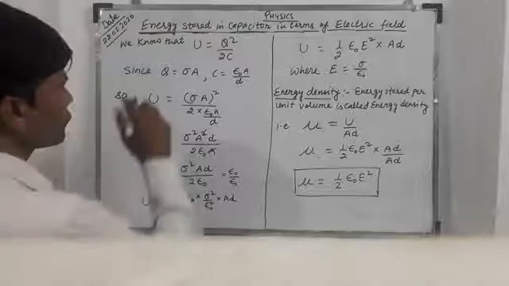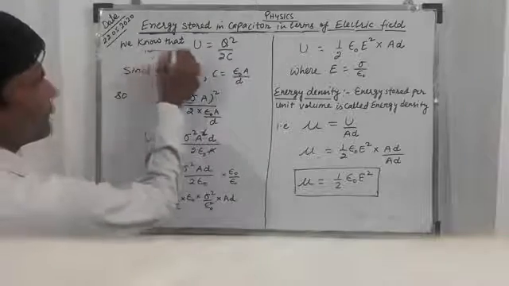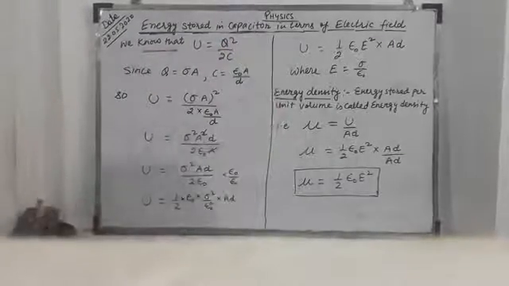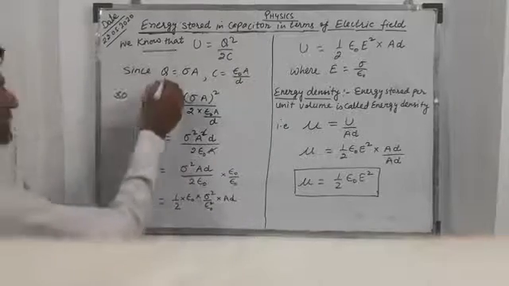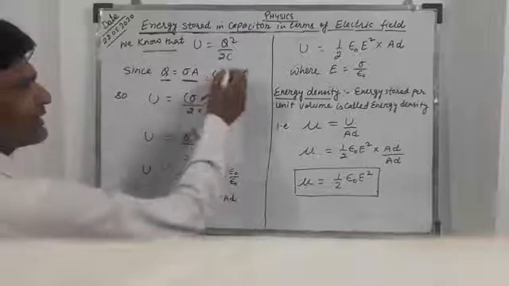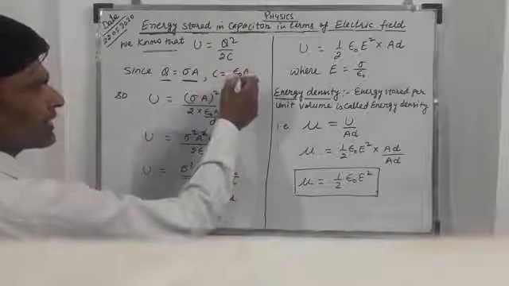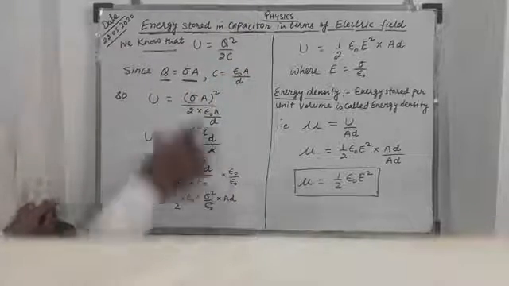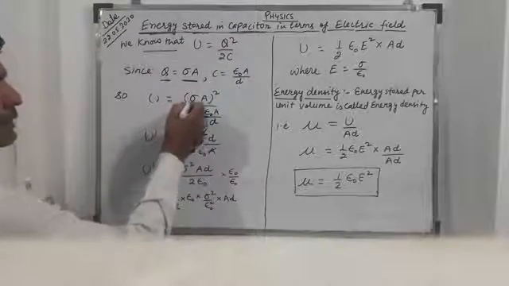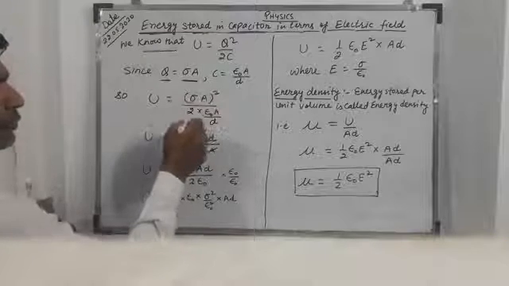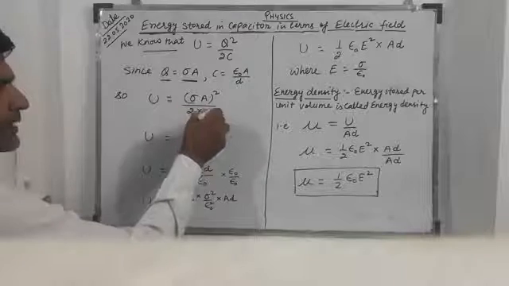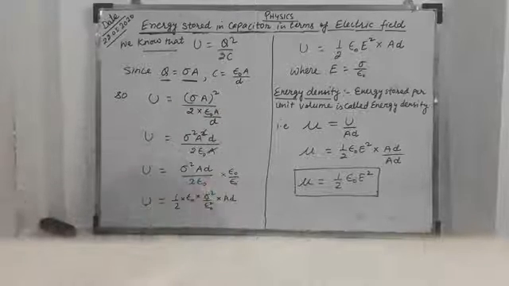So for this, we know that U is equal to Q squared upon 2C. Since Q is equal to sigma A, and C is equal to epsilon naught A upon d, by putting these values we get U is equal to (sigma A) whole squared upon 2 into epsilon naught A upon d.